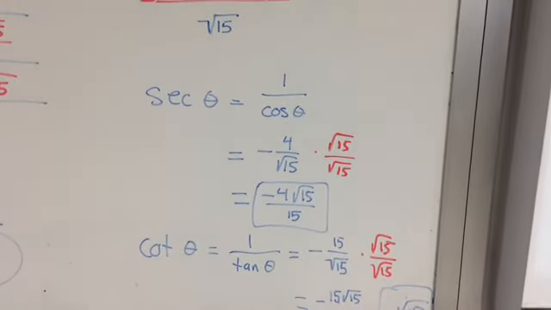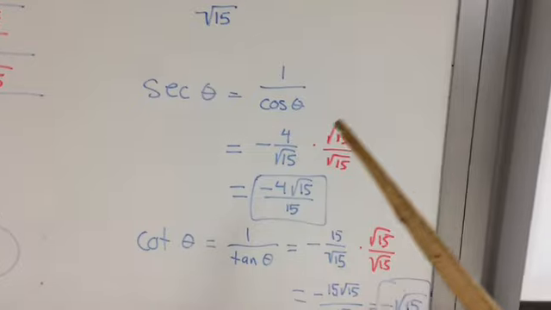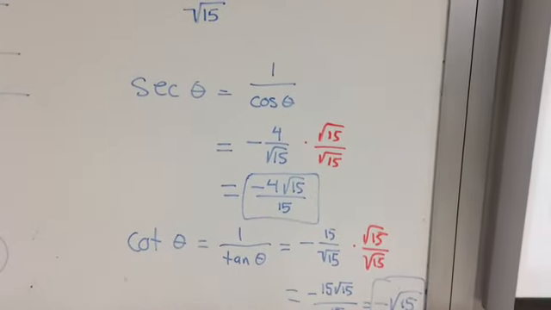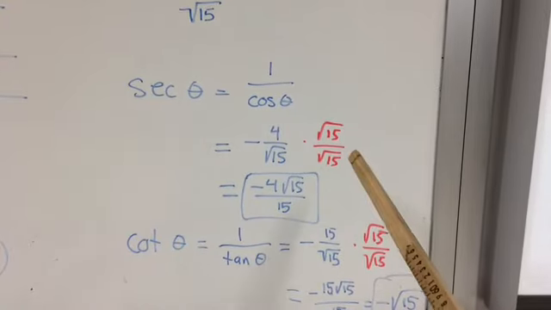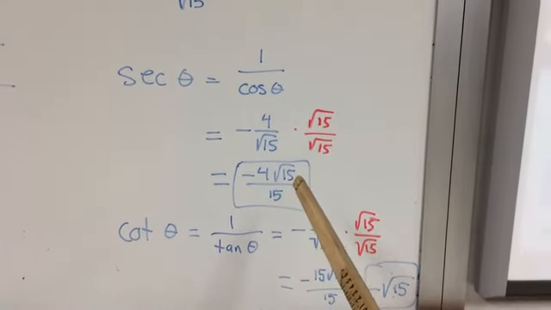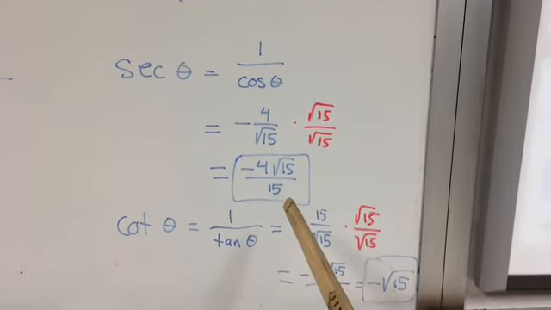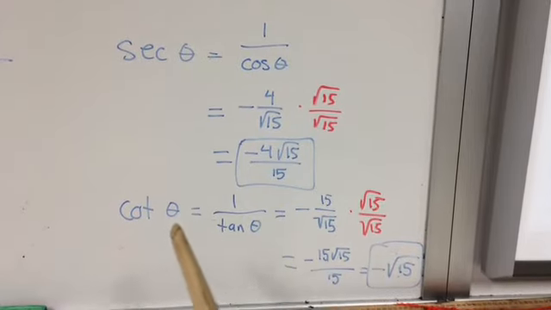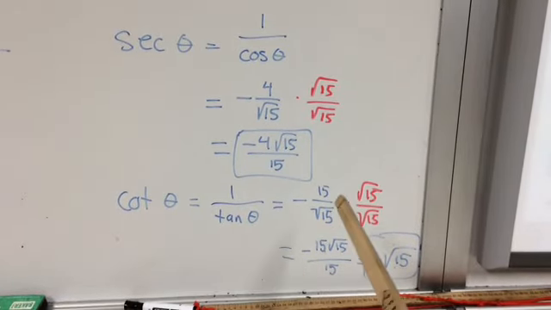Secant is the reciprocal of cosine, and so by taking the reciprocal of cosine, we get negative 4 over square root of 15. When you rationalize the denominator, you get negative 4 times square root of 15 over 15 for secant. Cotangent is the reciprocal of tangent.